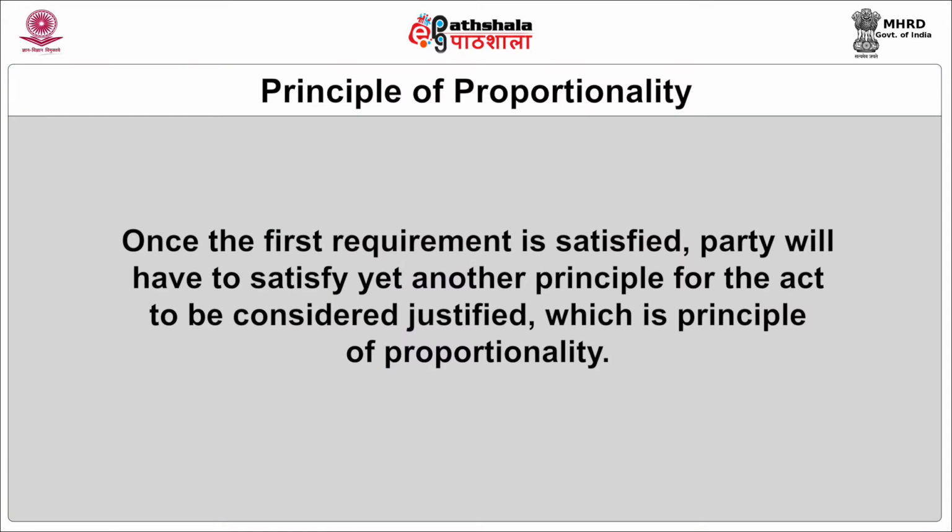Hence, for any belligerent act, a party has to primarily justify the principle of distinction. Once the first requirement is satisfied, the party will have to satisfy yet another principle for the act to be considered justified, which is the principle of proportionality.